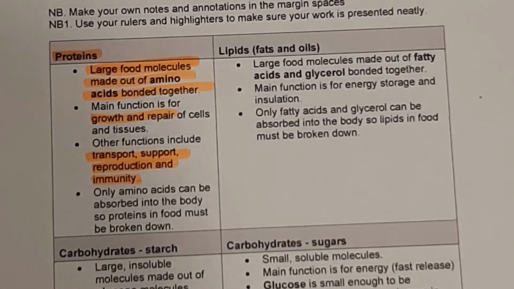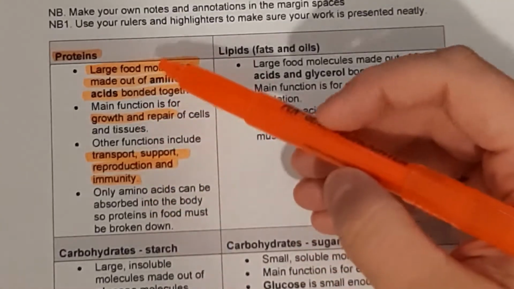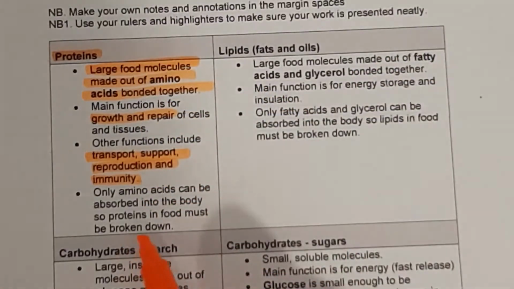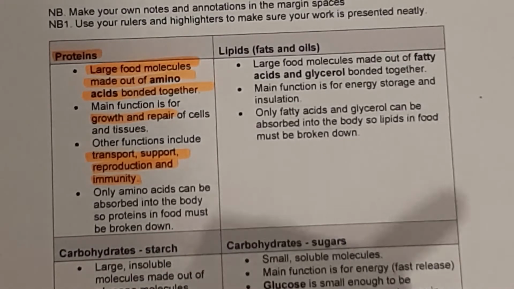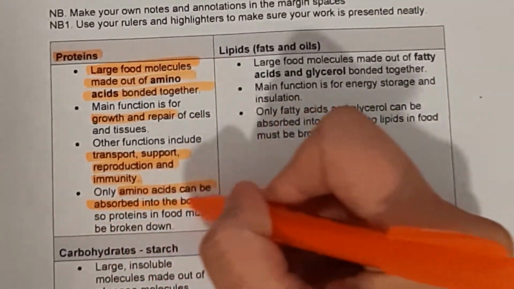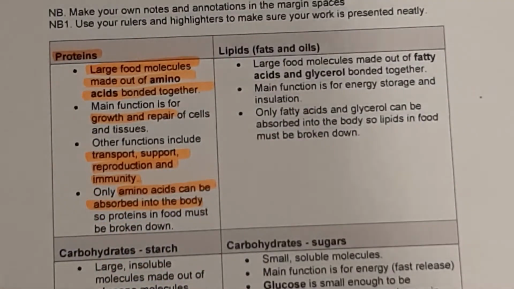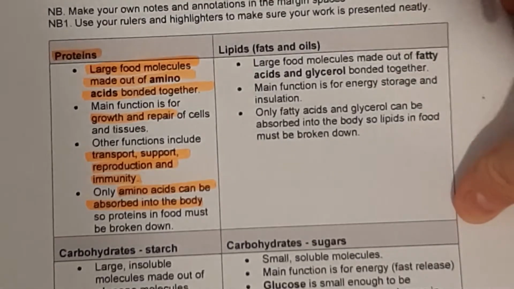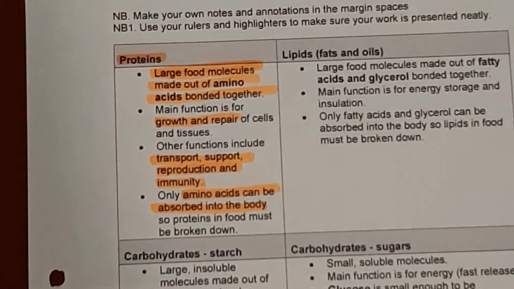Now, amino acids can be absorbed by the body, and those are what proteins are made of, but proteins themselves are too big. Okay, so protein must be broken down into amino acids to be absorbed. Next to this, we're going to draw a little diagram, and it's going to show us roughly what a protein looks like.